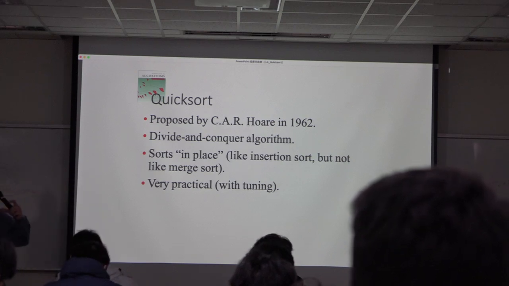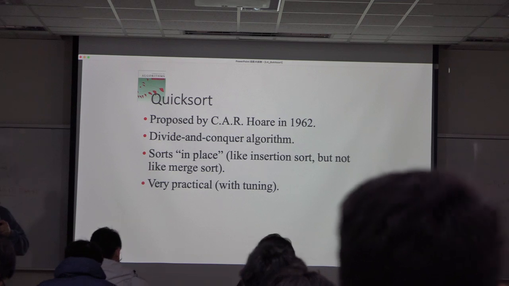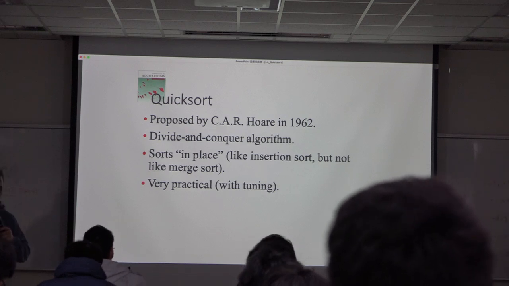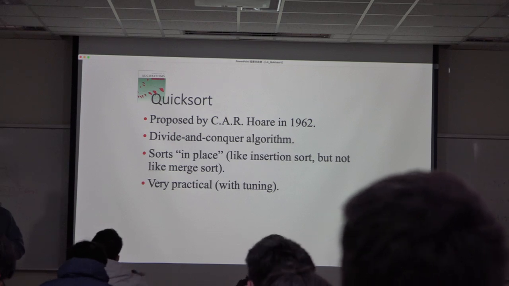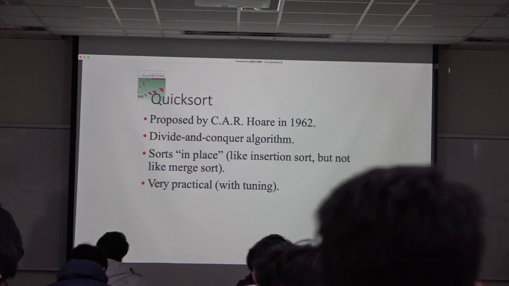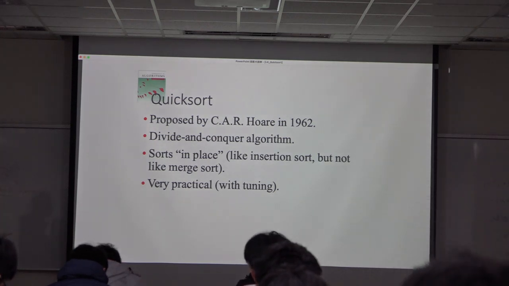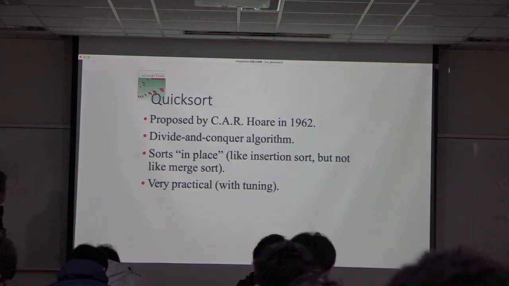Because in insertion sort, every time we try to put a number at the right place, so we really do not need one additional copy. We may need just a buffer to store just 1 or 2 temporary indices or numbers. That's it, for insertion sort. The same thing can be said for quicksort.